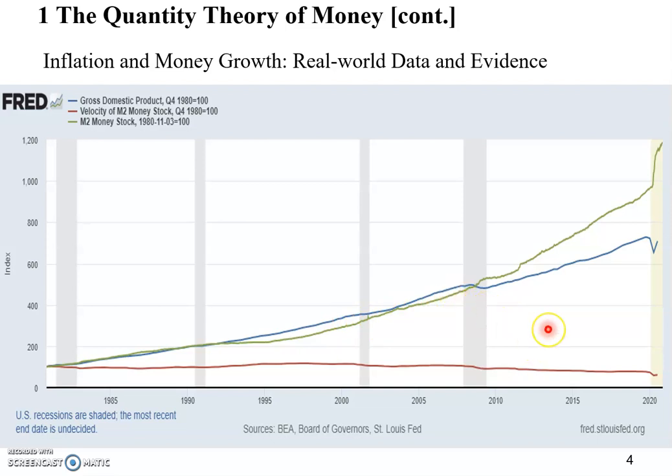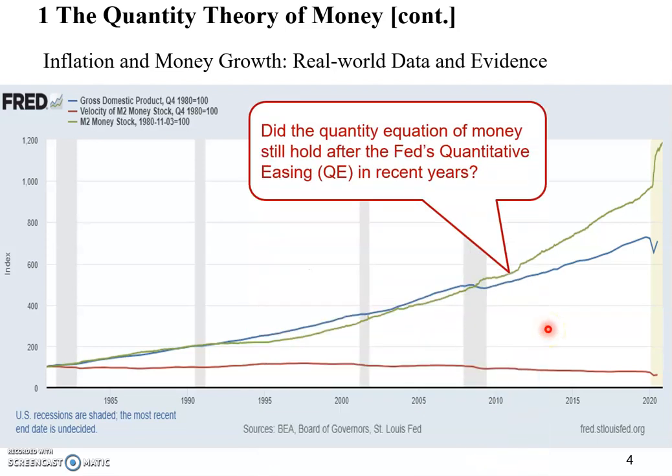But what's also interesting is that after 2010, because of the Federal Reserve's quantitative easing policies, we find that M2 gets further and further away from nominal GDP. In other words, the money supply grew much faster than the economy, the nominal value of the output.